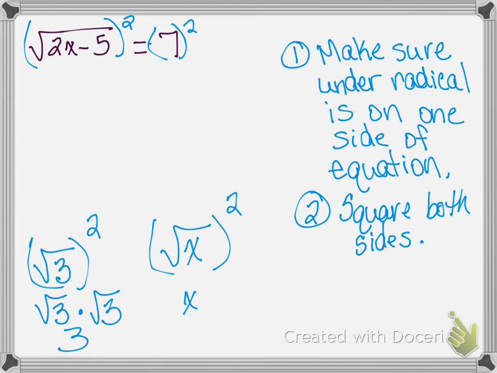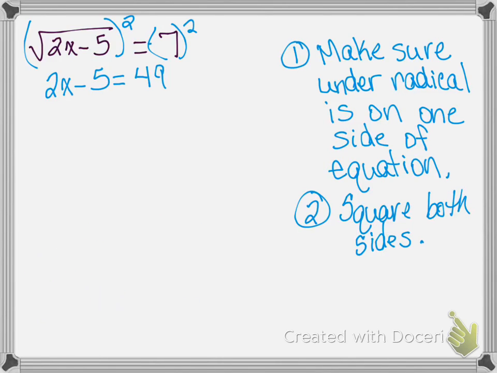So when I square the square root of 2x minus 5, what do I get? 2x minus 5. Excellent. 2x minus 5. Okay, now, what is 7 squared? 49. You know how to solve this. Solve it. You got 1 minute to solve the rest of this equation.